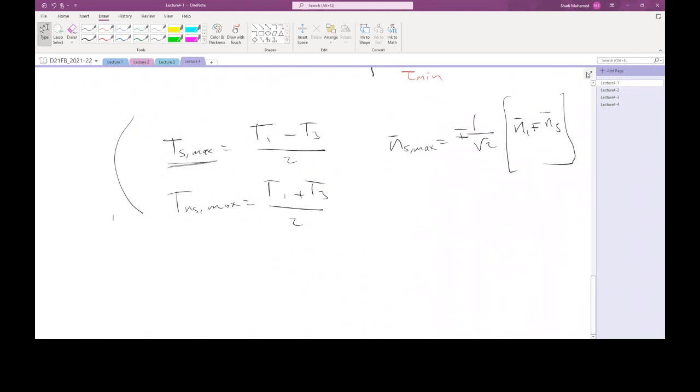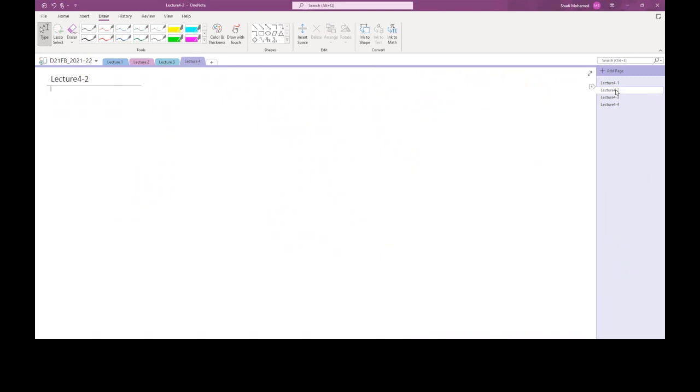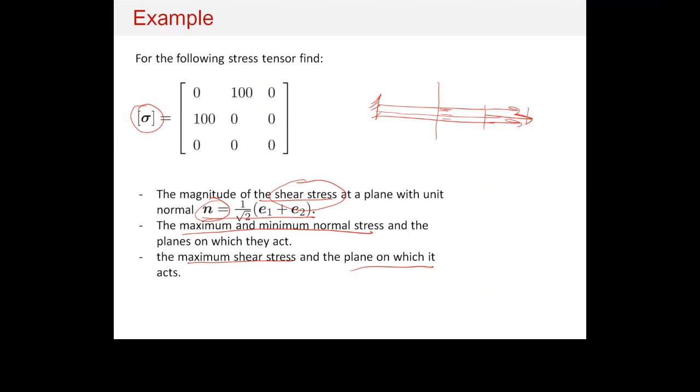So I'm going to solve it now. If you have any questions, just ask or let me know, and then we can discuss your questions. So first of all, I need to find, I just copy the material from here. So I've got the stress tensor. Everything is 0 except for sigma 1,2 and sigma 2,1.